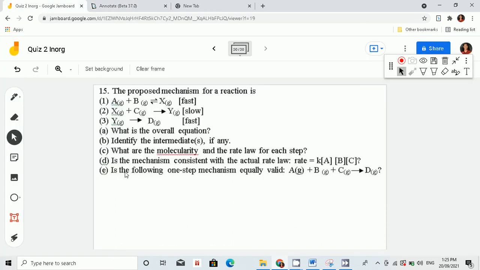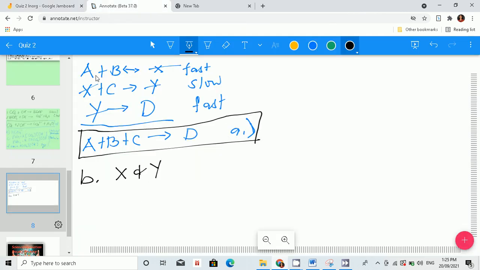Letter C. What are the molecularity and the rate law for each step? Molecularity: in the first step, how many reactants? We have two, so it is bimolecular.